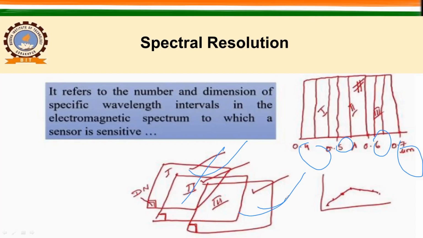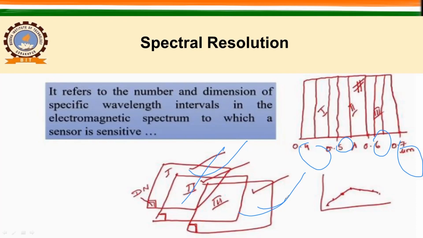Now just imagine, for a normal camera we always get only one image. But here, what I am telling you is that you can have 3, 4, 10, or hundreds of images. If your sensor is capable of resolving only the 0.4 to 0.5 micrometer wavelength range, then it can generate one image for that area.